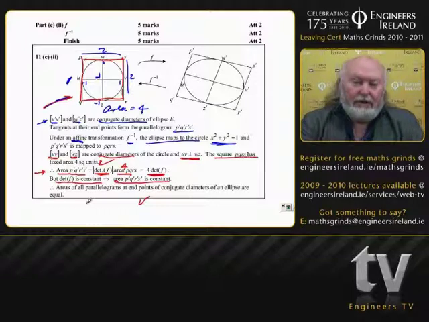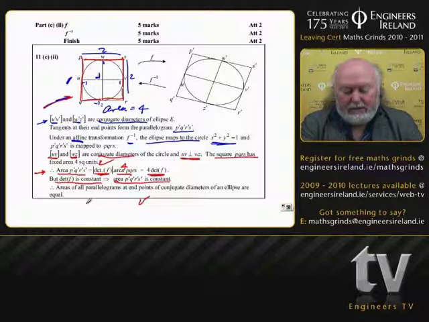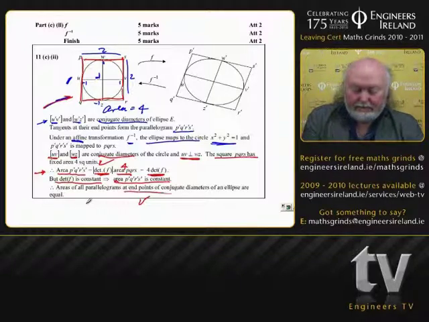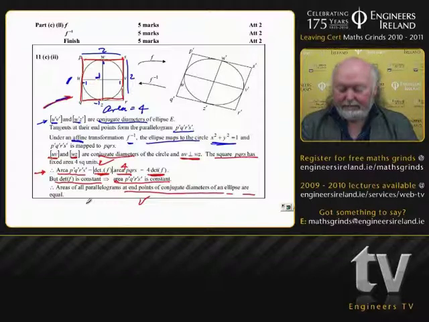Technically I would state that therefore the area P dash Q dash R dash S dash is the same as the area of all other parallelograms formed at the ends of conjugate diameters of an ellipse. Okay? These are beautifully simple.